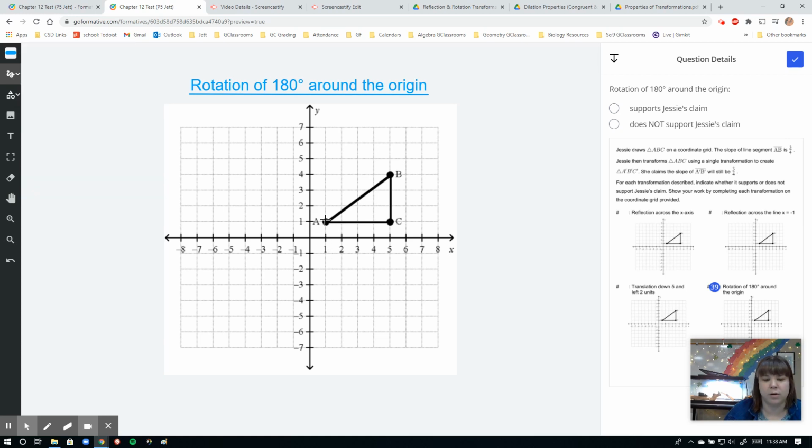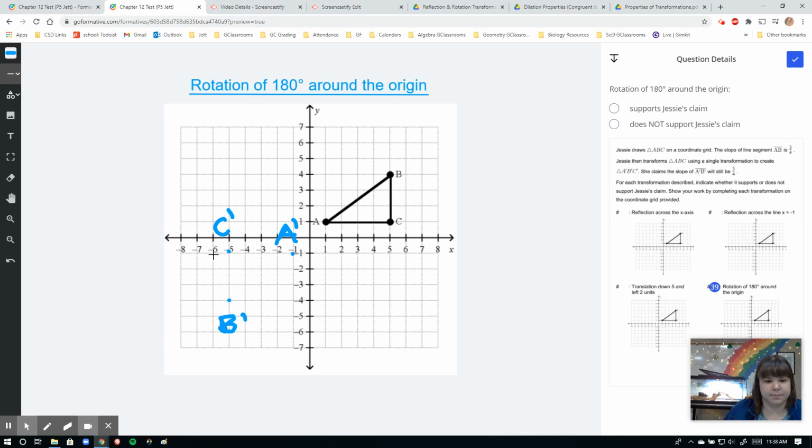Instead of 1, comma 1, it would be -1, comma -1, and that would be A prime. Instead of 5, comma 1, it would be -5, comma -1. So that would be our C prime. And for B prime, instead of 5, comma 4, it would be -5, comma -4.